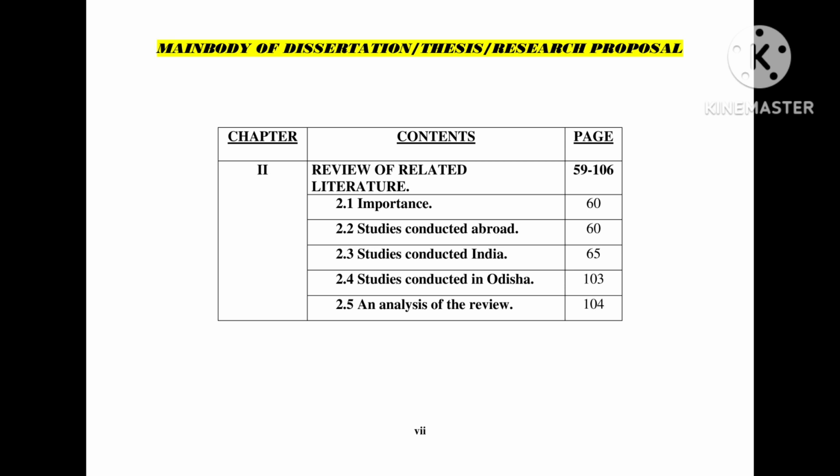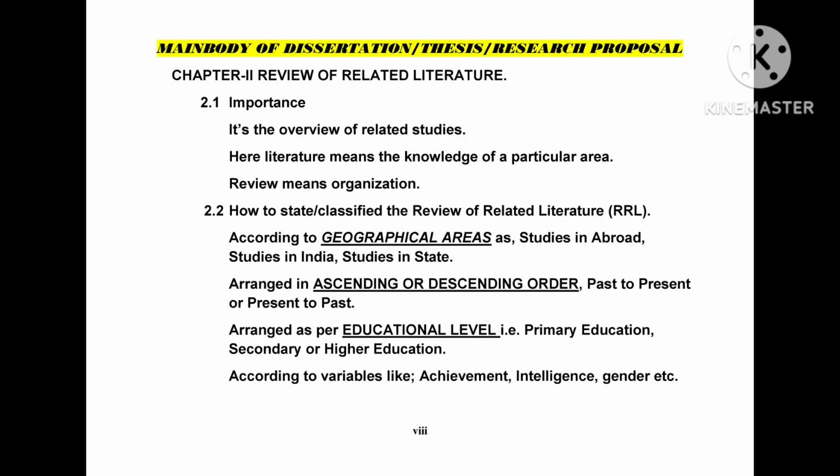Here you can also state as per any other choices like ascending or descending order from their publication date years, and also we can state as per our indicators like age, achievements or population, or as per any other criteria. Here then comes the 2.1 importance.